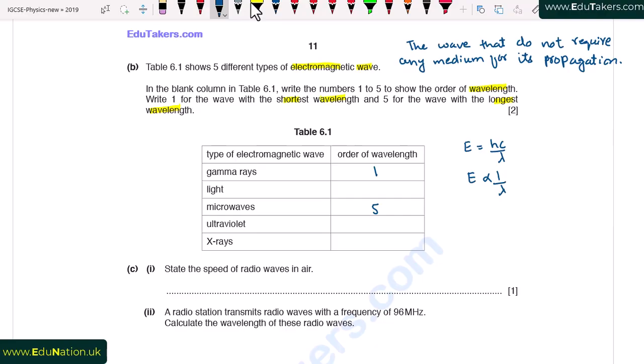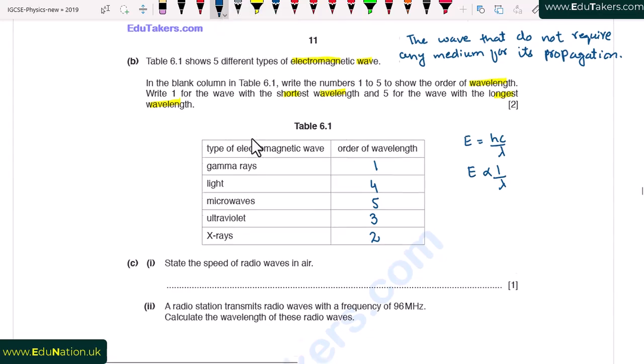Gamma rays are the most energetic, that's why their wavelength is very small. And the microwaves have the largest wavelength because their energy is very small as compared to all the others. Secondly, the X-rays have larger wavelength as compared to gamma rays, and after that there are ultraviolet rays, and at the end there is the light wave.